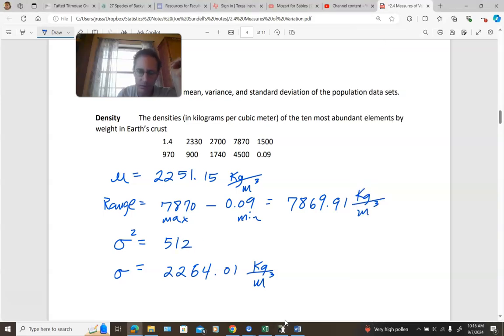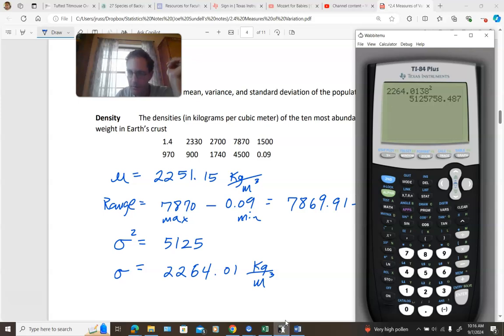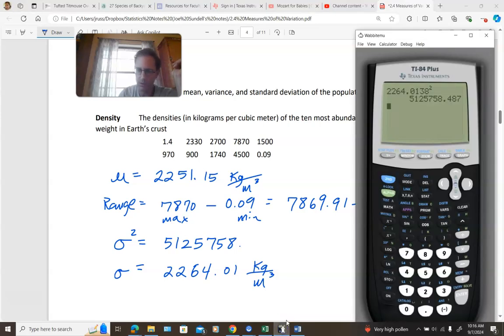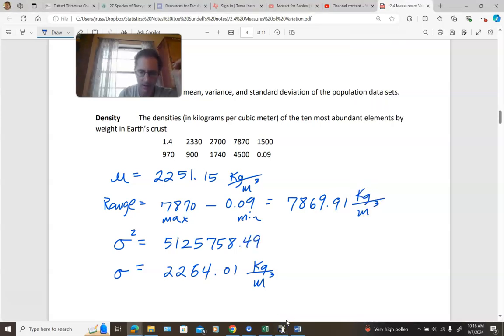Let's see, 25758. If we go to two decimal places again, we'll say 49, okay? Now, I want to point out the units would be squared. I'm just going to write it like this, cubic meters, and the unit would be squared, okay? So most people don't really use the variance much because it's not even in the same unit as the data. You always use the standard deviation. Okay, now this number would be 5,125,758 and 49 hundredths. All right, so that's how you do it using the calculator.